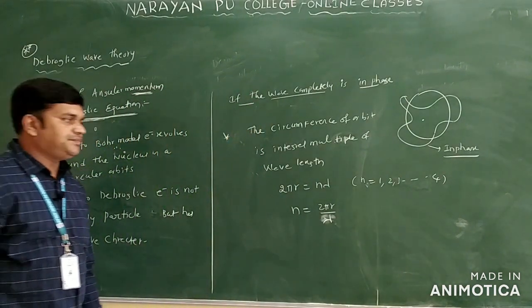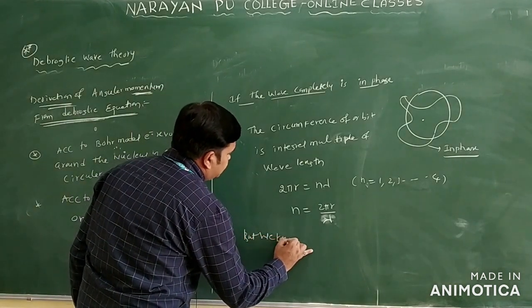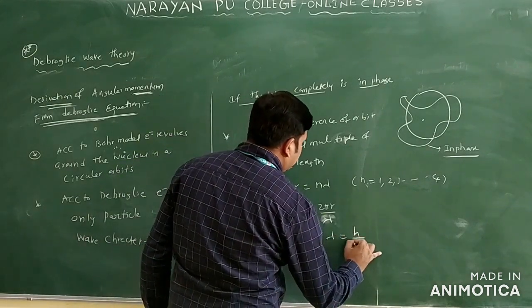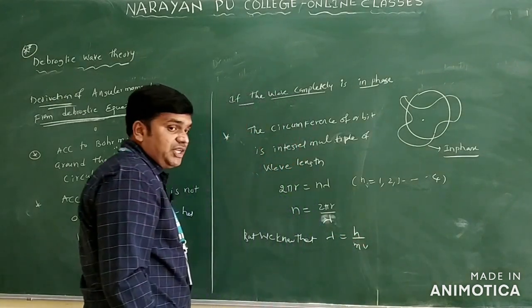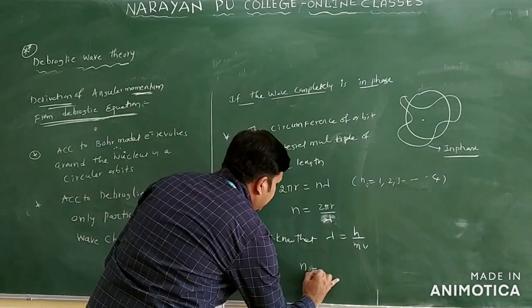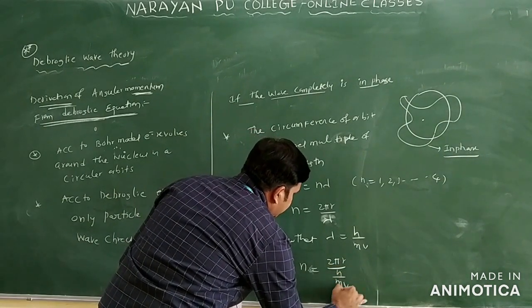But we know that lambda is equal to h by mv, from the de Broglie expression. So n is equal to 2 pi r divided by h by mv.